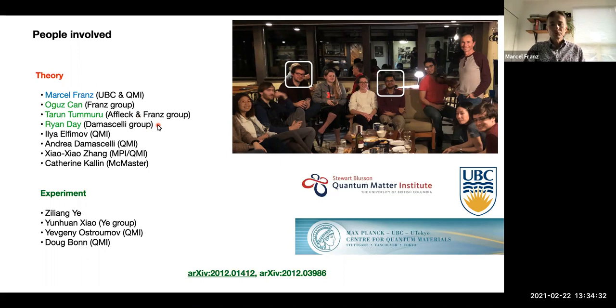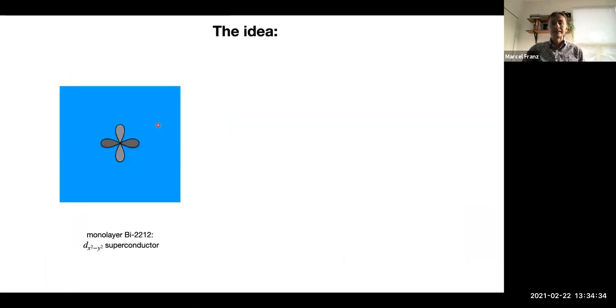So let me move straight to the basic idea that I'm going to elaborate later on. Imagine you have a monolayer of a D-wave superconductor, such as bismuth 2212, which is the iconic high TC cuprate. And if we know anything for sure about these materials, it is that they are D-wave superconductors.